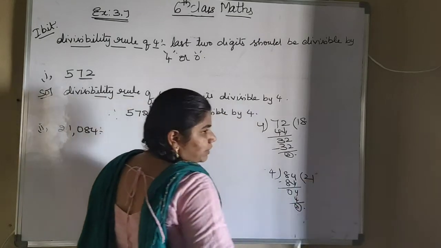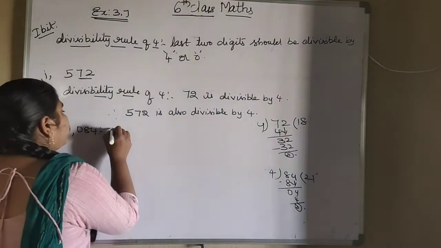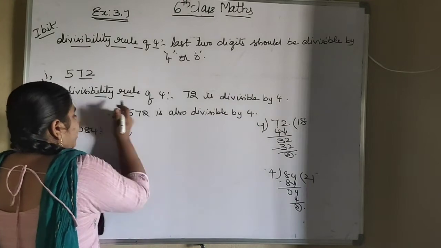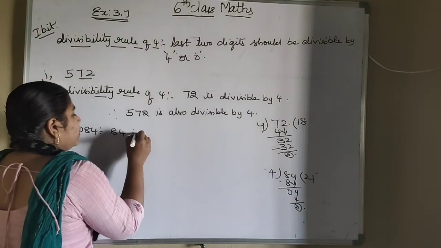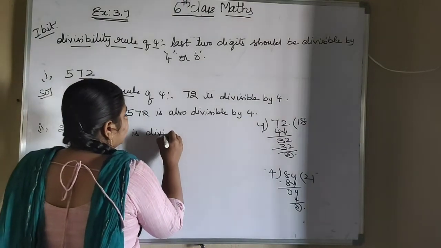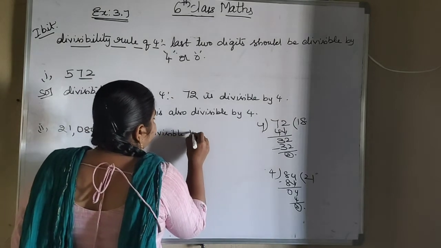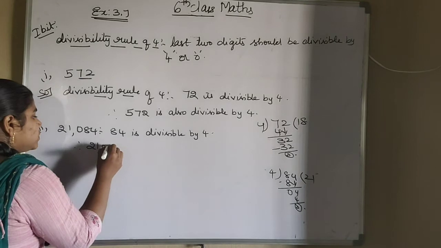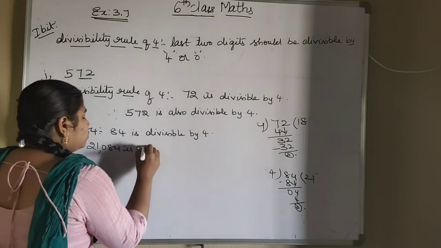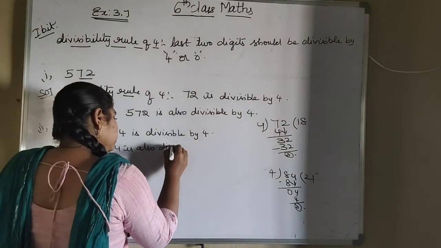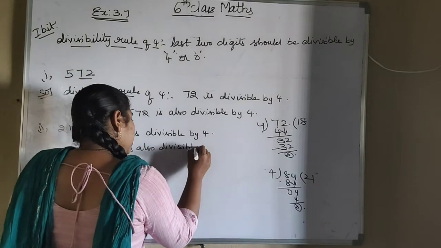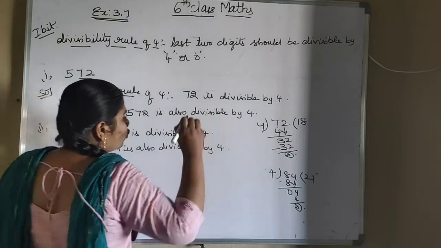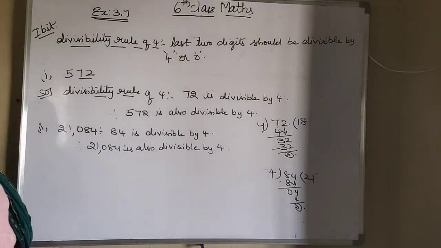You got the remainder as 0. So 84 is divisible by 4, and therefore you can tell 21,084 is also divisible by 4. Okay, this is our second question.